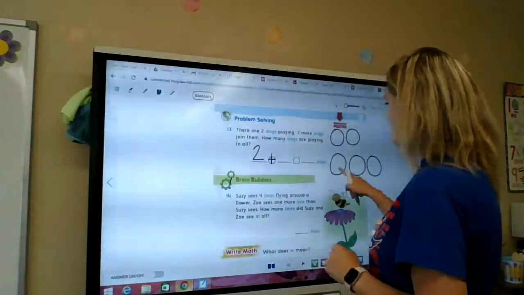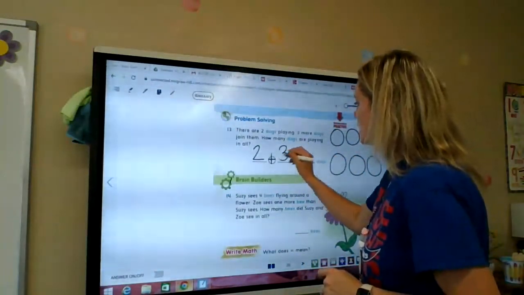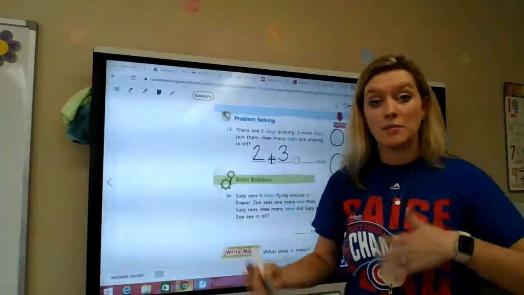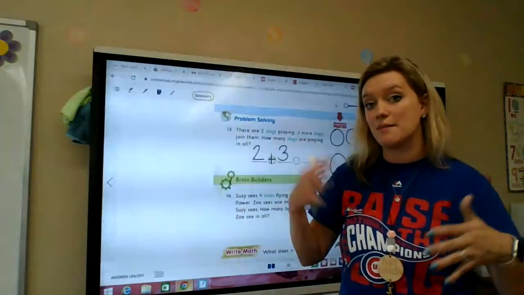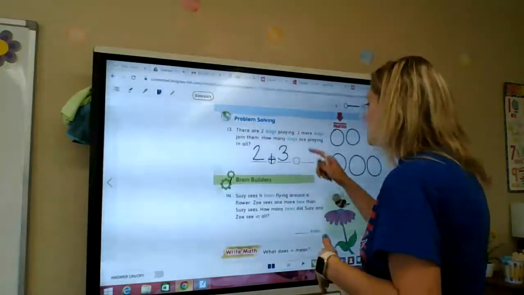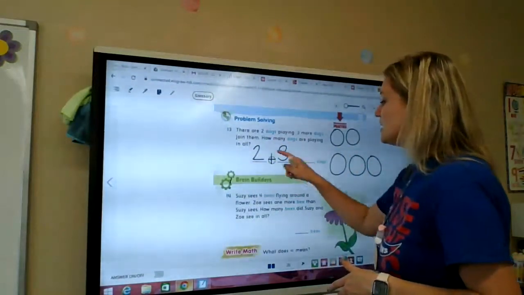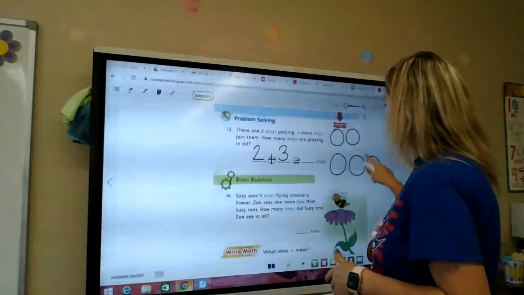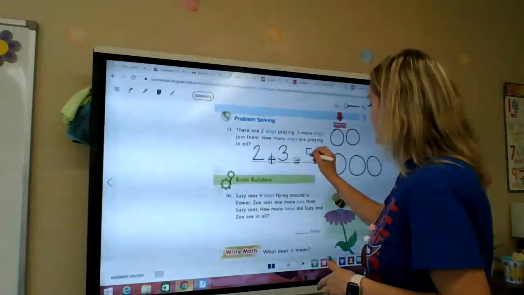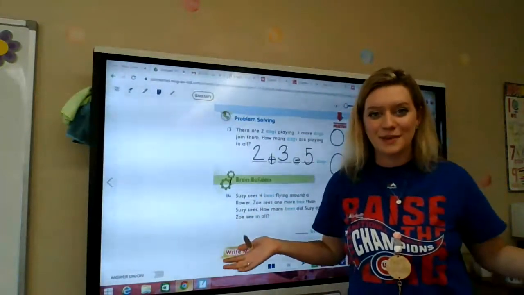So 2 plus and then 3 more. More means that they're coming more. So also, more is a word that means add to. So 2 plus 3 equals how many dogs? 1, 2, 3, 4, 5. So now there are 5 dogs playing in all.